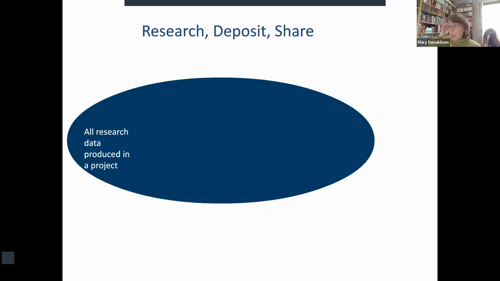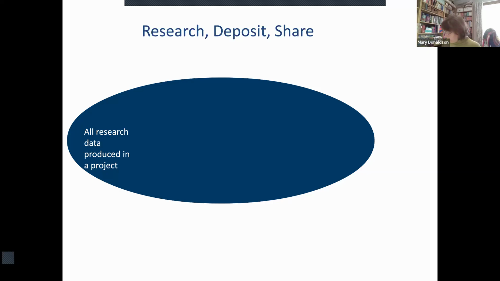This is a slide my colleague Matt came up with to help people think about the data that they collect in a project versus the data that they share from a project. So the dark blue represents all the data that you produce in a project.